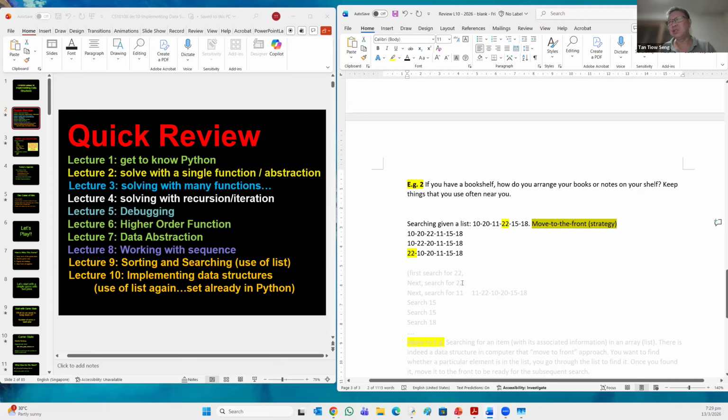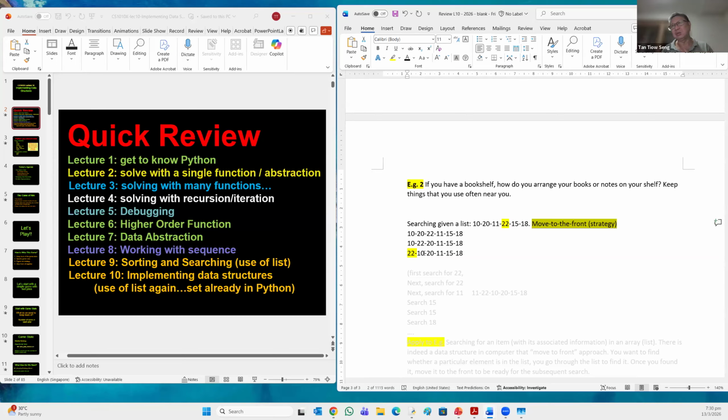The rationale for this is that if you take the computer science note out at this moment, there's a high chance that you may also refer to it again in the near future. So you move it to the front. This happens in a compiler. When you write a program like Java, you need to go through a compilation to make it into machine code. In compilation, there are many steps.